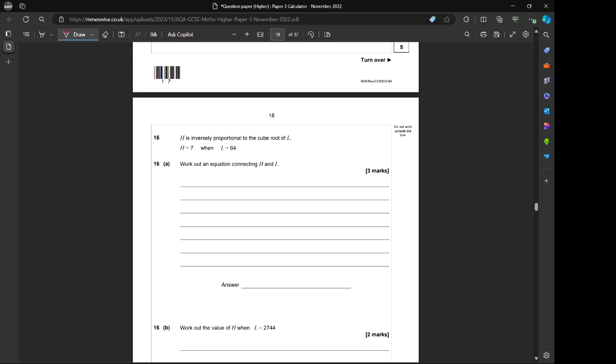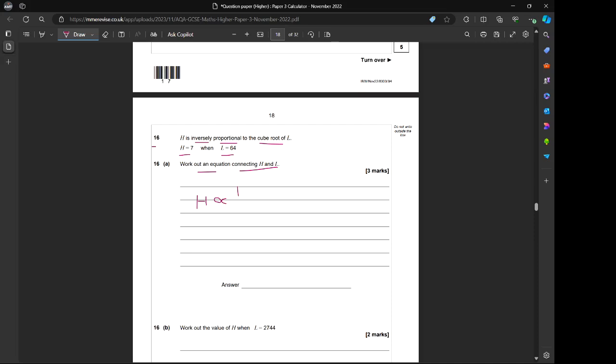Okay, question 16. H is inversely proportional to the cube root of L. When H is 7, L is 64. Work out an equation connecting H and L. So step 1: H is inversely proportional here, so it's that little fish symbol for proportional.